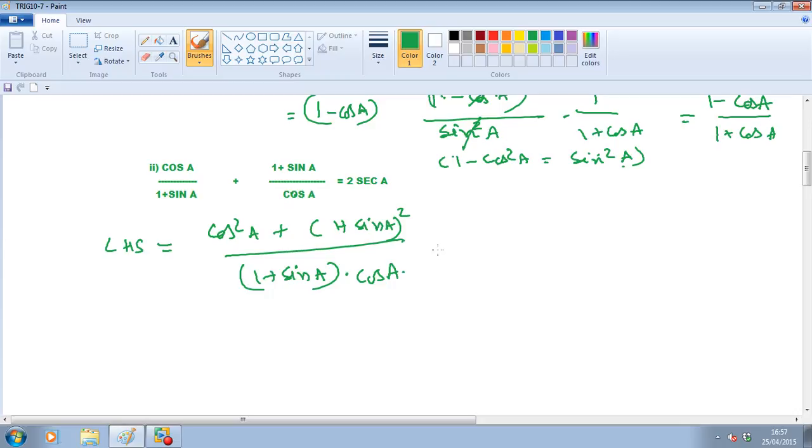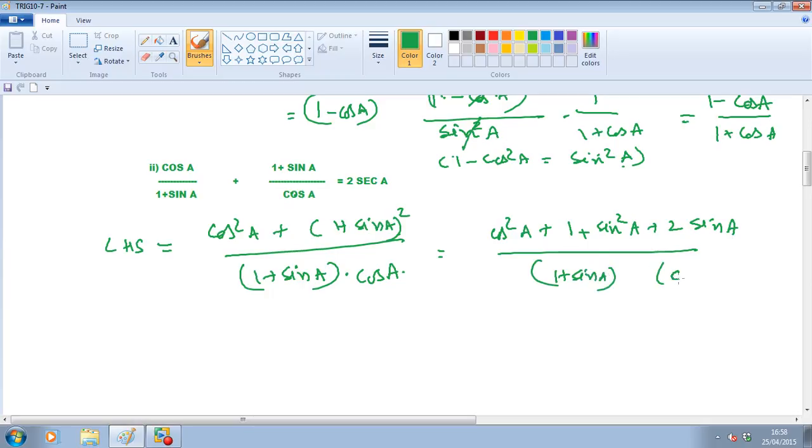So we'll write the next step: cos square A plus, if you have 1 plus sin A whole square, 1 plus sin square A plus 2 sin A, divided by 1 plus sin A multiplied by cos A. Okay, next step, cos square A plus sin square A is equal to 1.